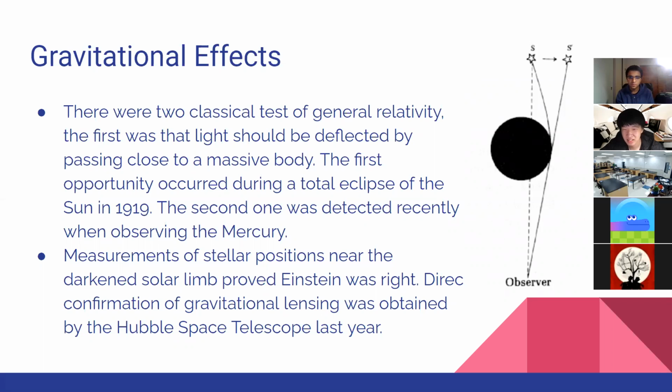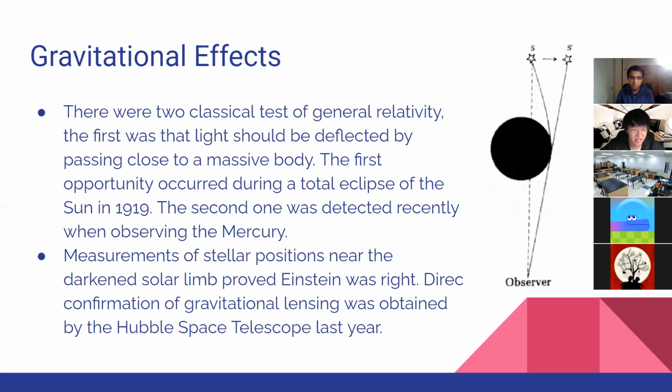But in fact this is not the case, because when the light travels near the massive object, it bends. So the star is actually a little to the left of the position we observe. This is also known as gravitational lensing. So there were two classic tests of general relativity.